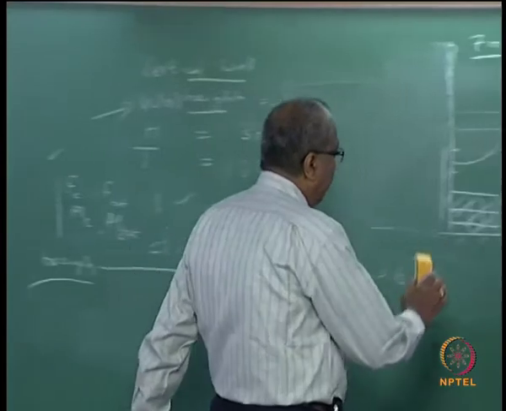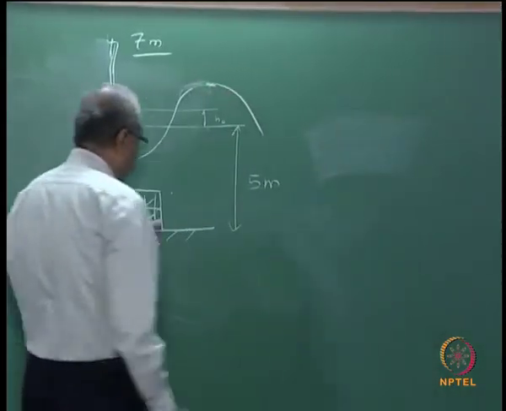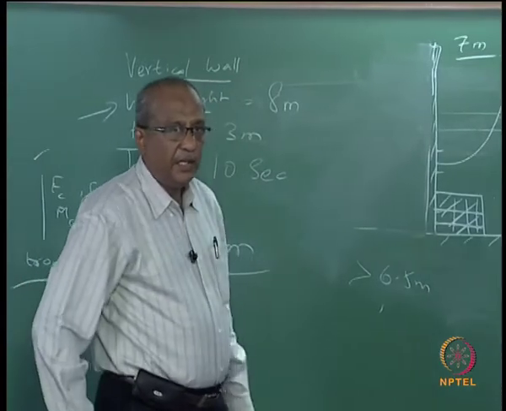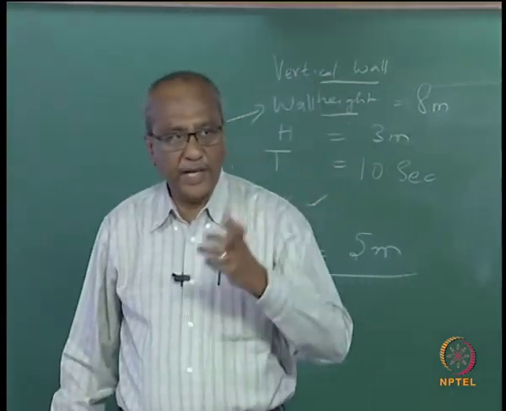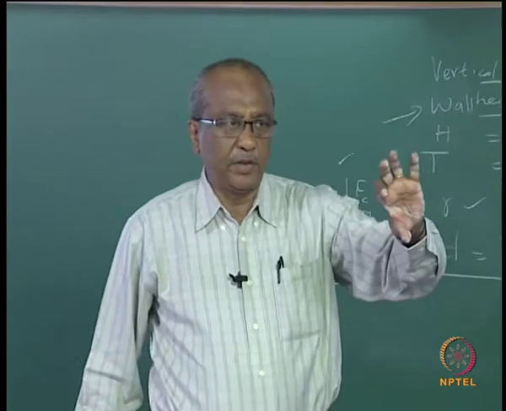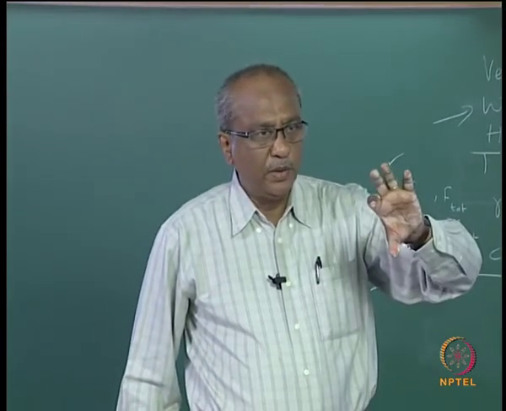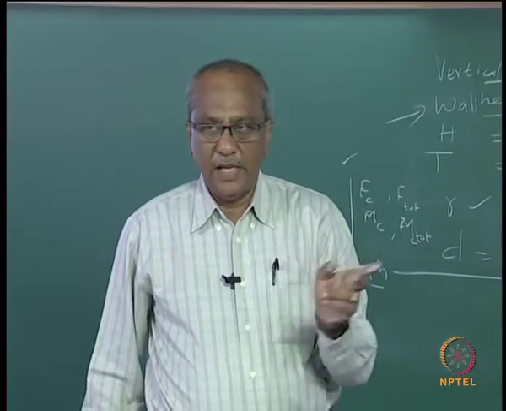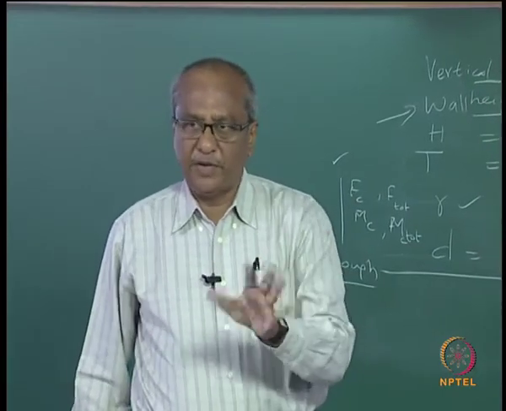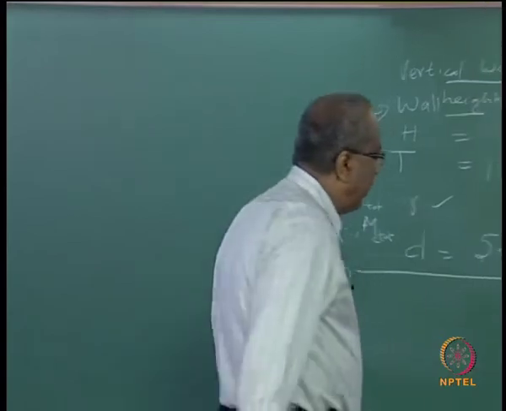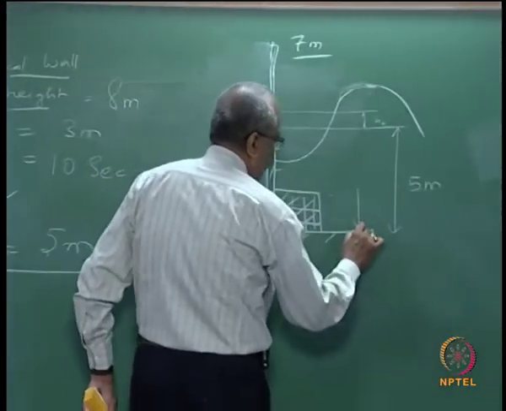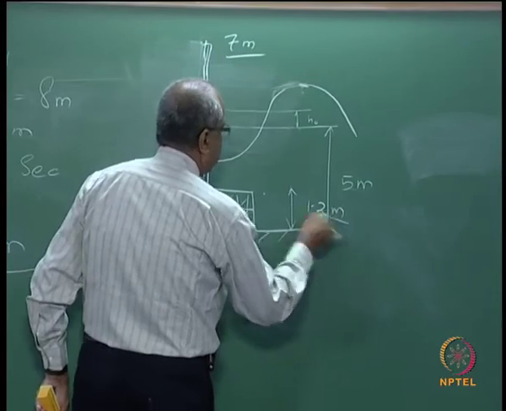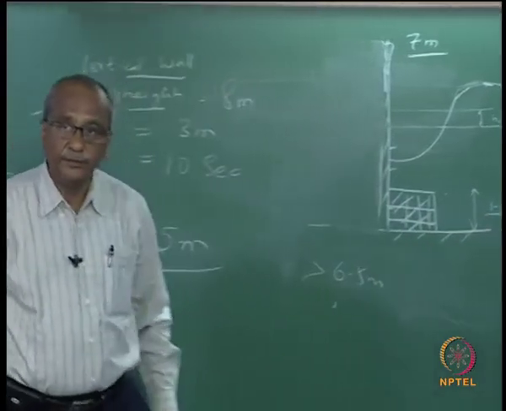Now, I want to have some kind of protection for scour. What were the guidelines we have? Height of the toe should be 1 to 1.5 meters, and the width of the toe should be around 3 meters. So now I put a height of 1.2 meters maybe, to be on the safe side.